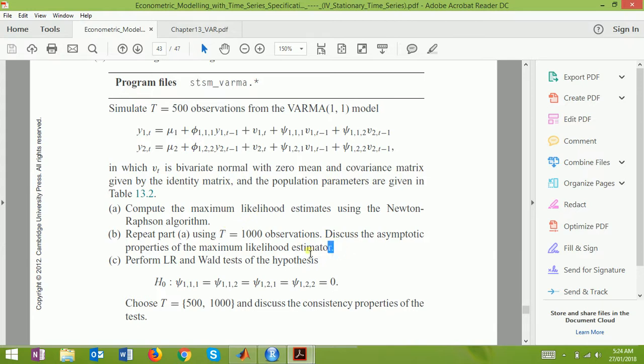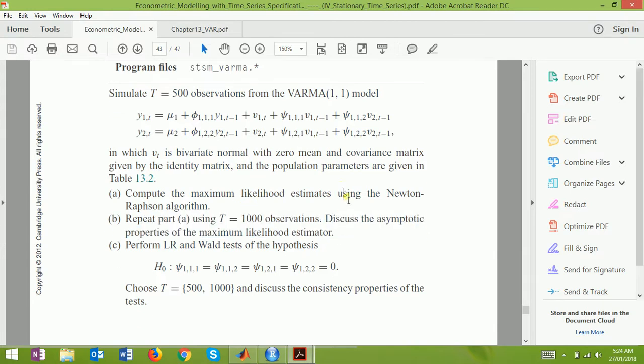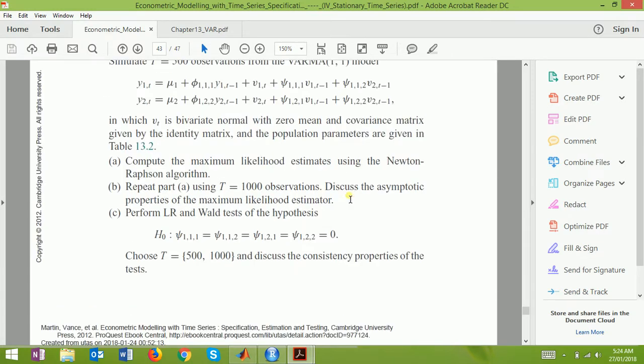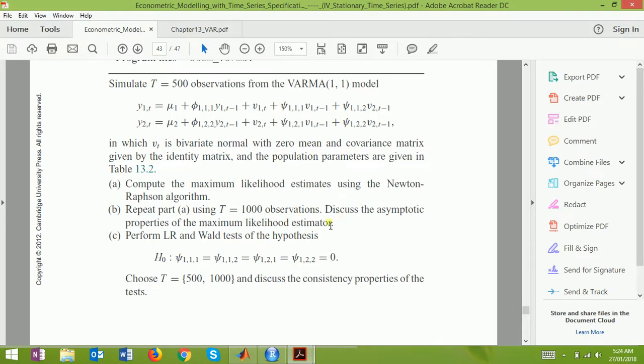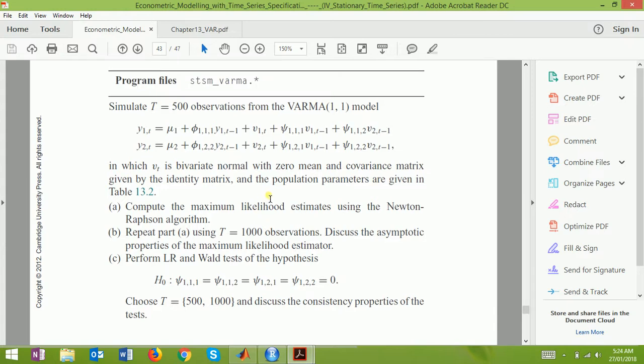On the simulated data, perform Wald tests of hypothesis to test that the moving average parameters are 0. So we are not looking into the autoregressive parameters here.